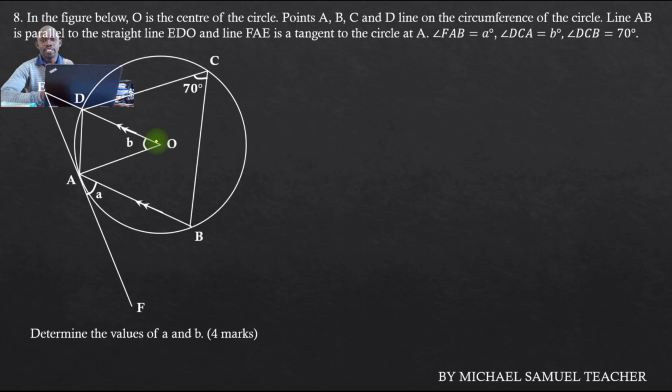Then angle DCA is b. So angle DOA is b degrees, and then angle DCB 70 degrees.